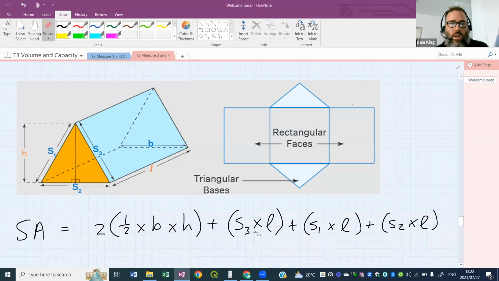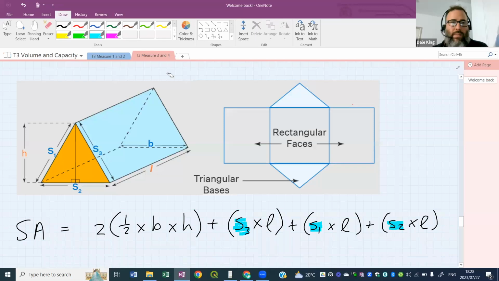As long as you put one side of the triangle times the length, then the other side of the triangle times the length, and then the third side of the triangle times the length, you'll have covered all 3 rectangles in your formula. They give you this formula, ladies and gentlemen. I'm only worried about what they name these things here.